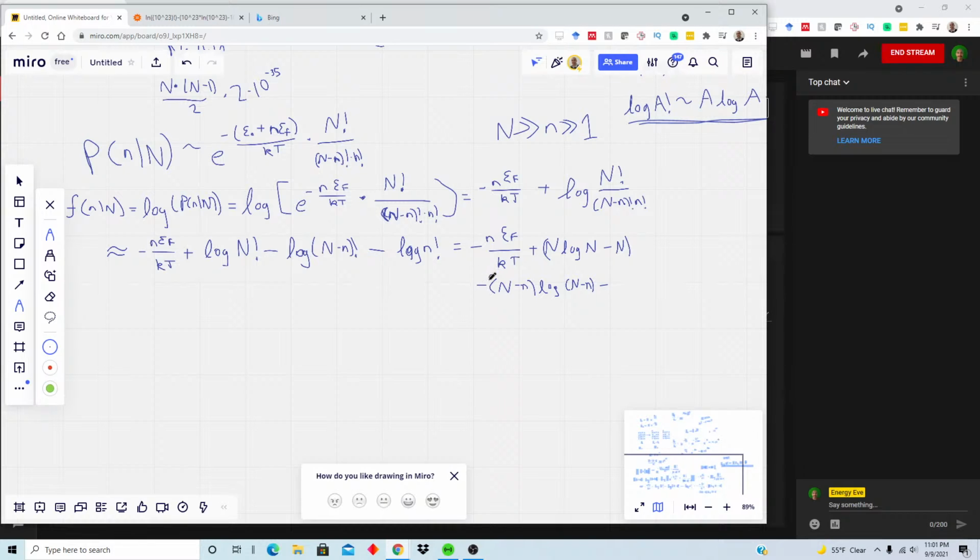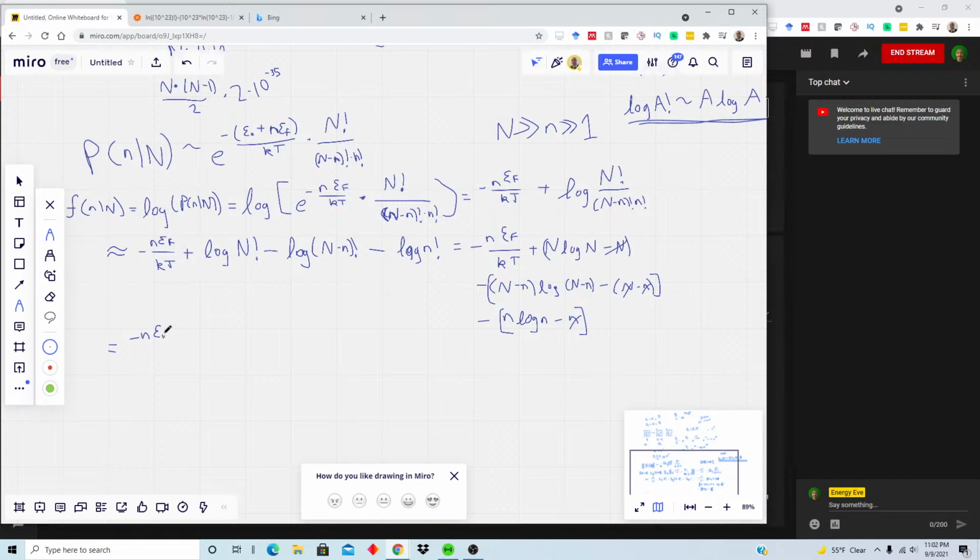Oh, this is interesting right here. We had to put this in parentheses, N minus n, and then we also have for this term n log n minus n. And so what we could see in this term, we have minus minus n, which is a plus n. So this term will cancel with this term. And then we have minus minus, a minus, so this is negative n. And we have minus minus, this is positive n, so these terms cancel.